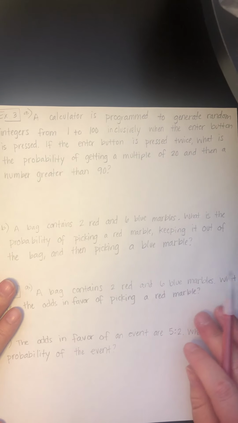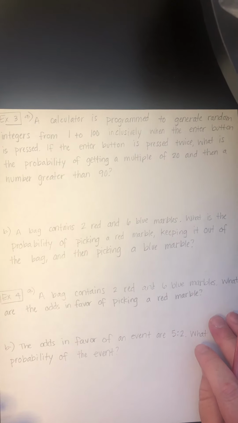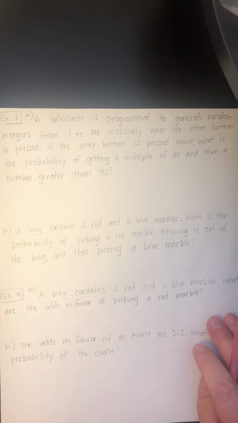Example 3. It says a calculator is programmed to generate random integers from 1 to 100 inclusively when the enter button is pressed. If the enter button is pressed twice, what's the probability of getting a multiple of 20 and then a number greater than 90? So on your first time you press enter, what's the probability of you getting a multiple of 20?